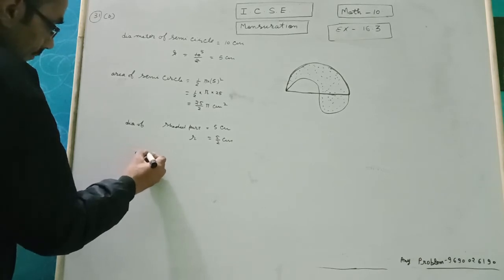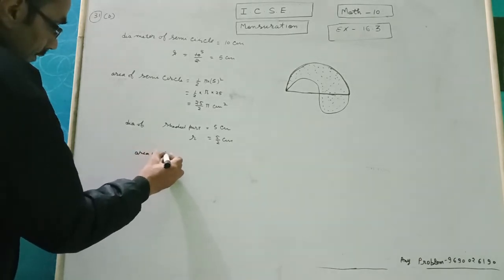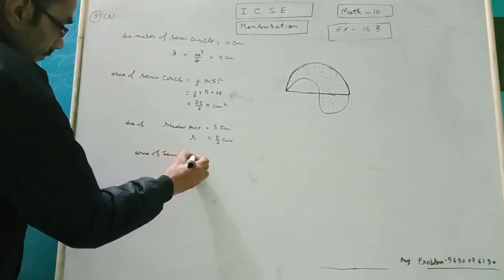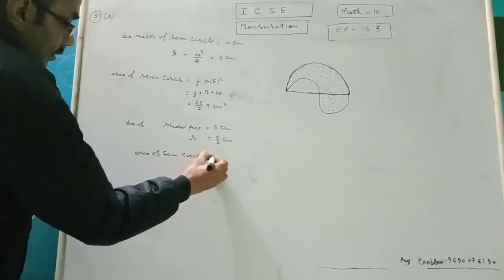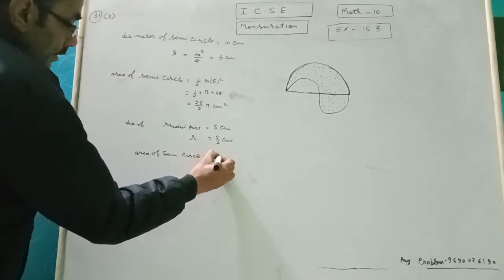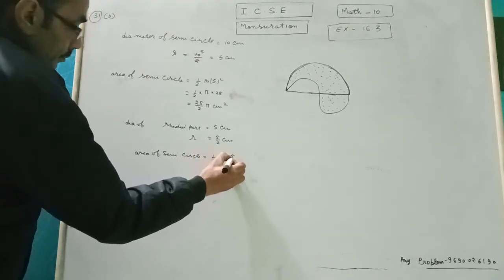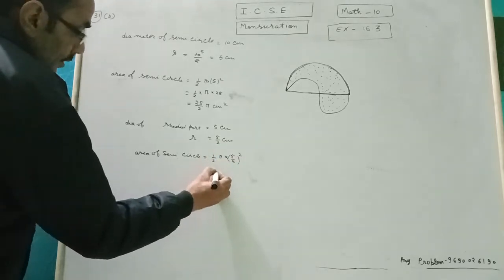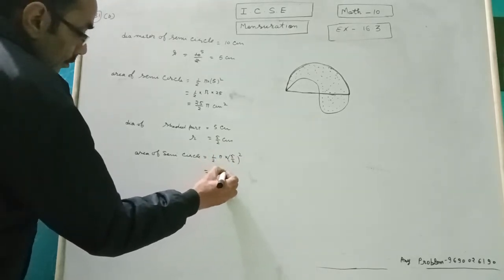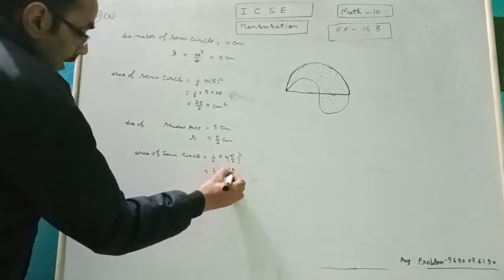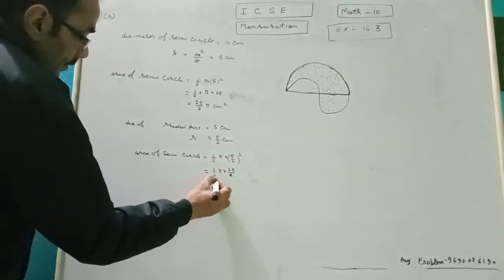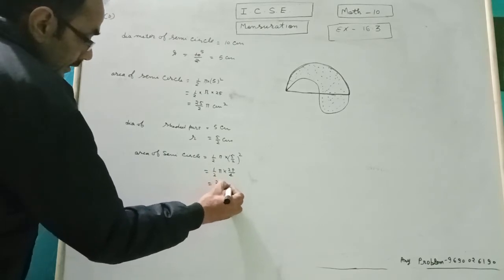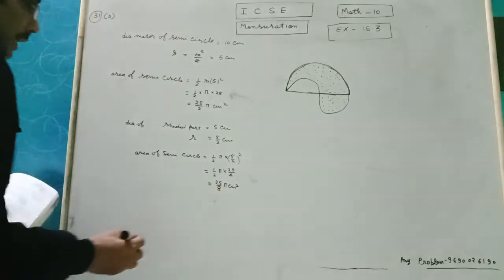Area of semicircle is equal to 1 by 2 pi into 5 upon 2 square. 1 by 2 pi into 25 upon 4, 25 upon 8 pi cm square is the shaded part.